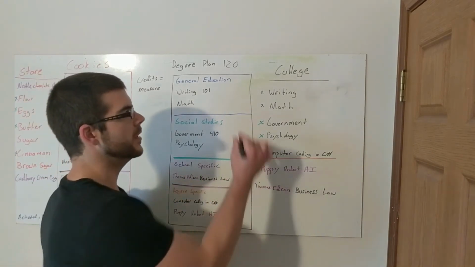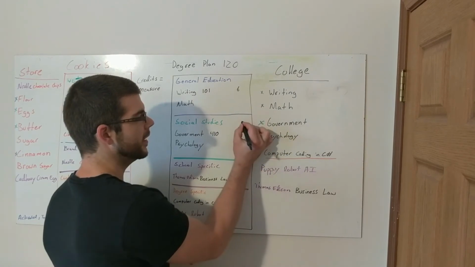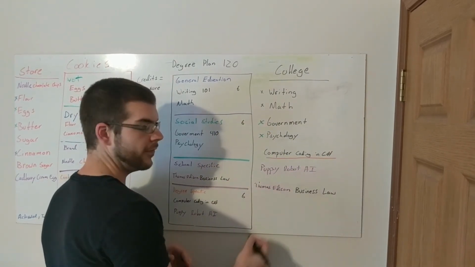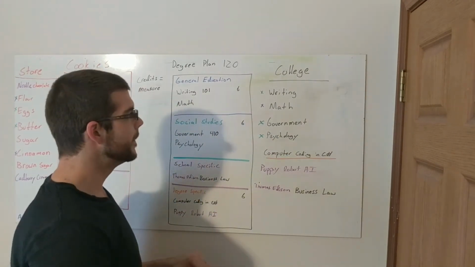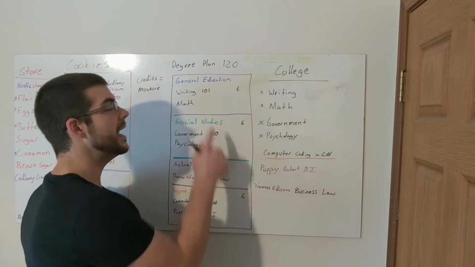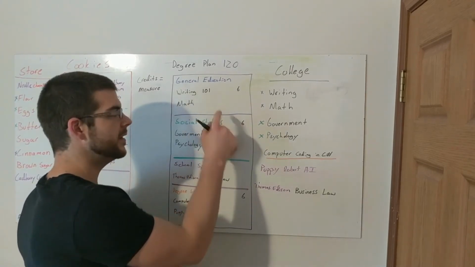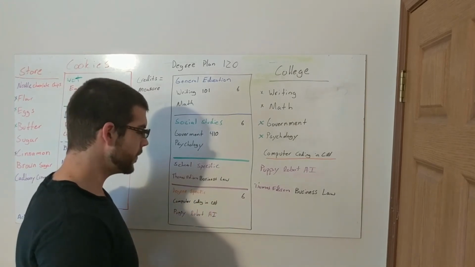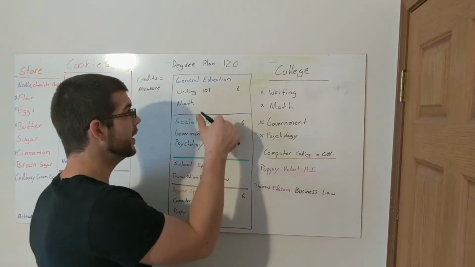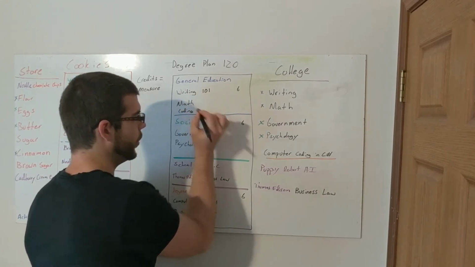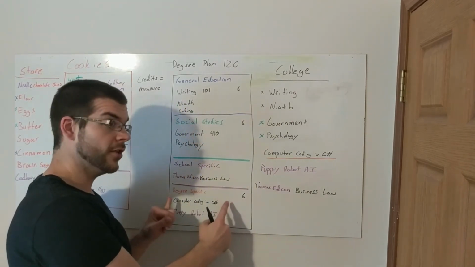So let's say you need 6 credits here, and 6 credits here, and 6 credits here for your degree specific requirements. But technically, in your degree specific and in your general education, they say you need a computer science course, right? So you have to do coding in your general education, but you also have to do coding for your degree.